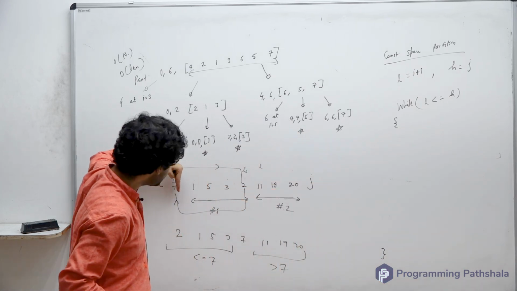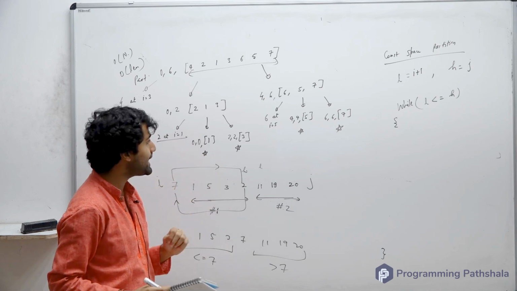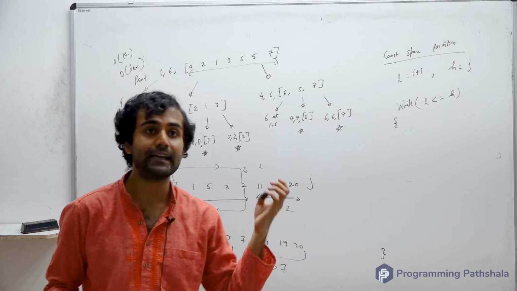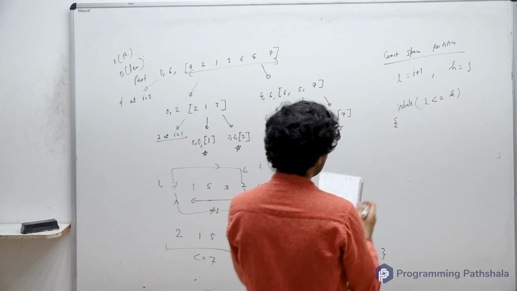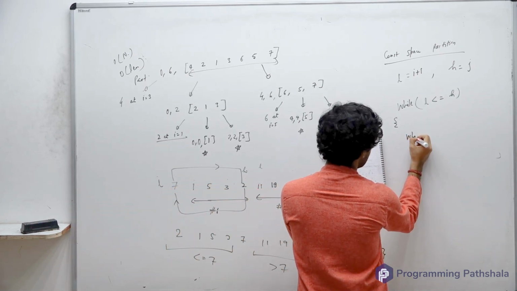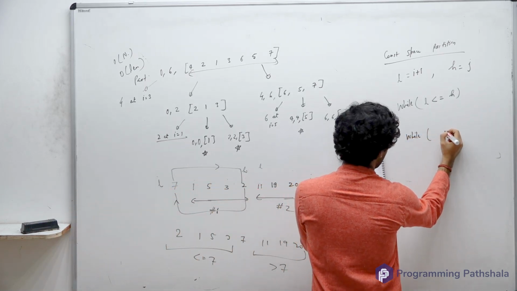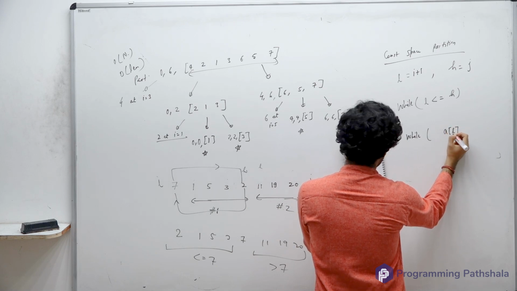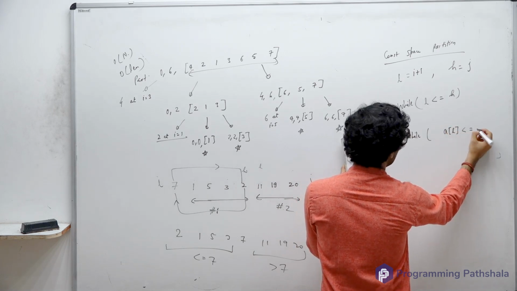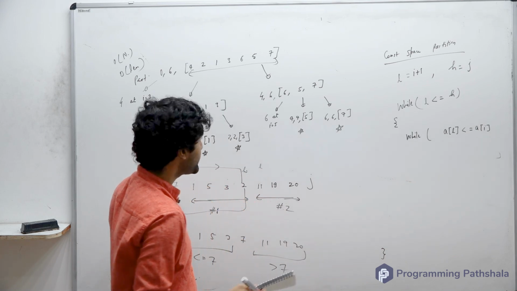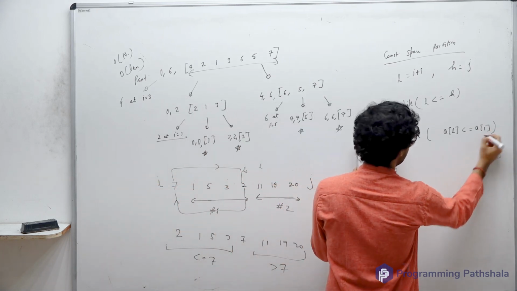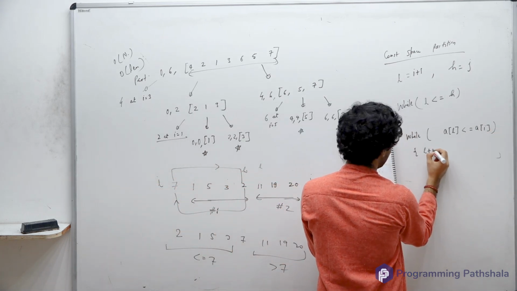You want this pointer to keep on moving as long as you are getting elements which are smaller than equals to the pivot. So for that you would say: while I am getting the elements which are smaller than equals to A of I, which is my pivot element, till that time I will keep on doing L++.